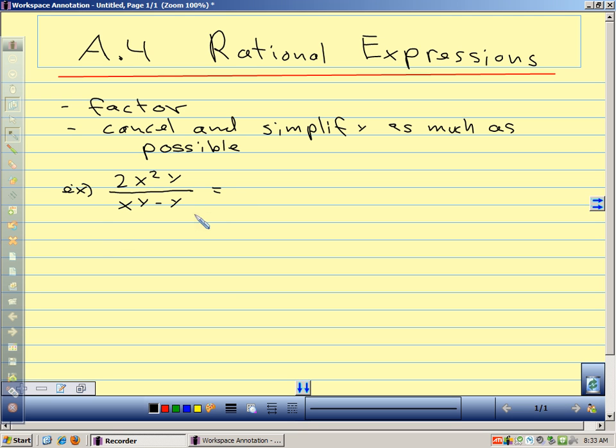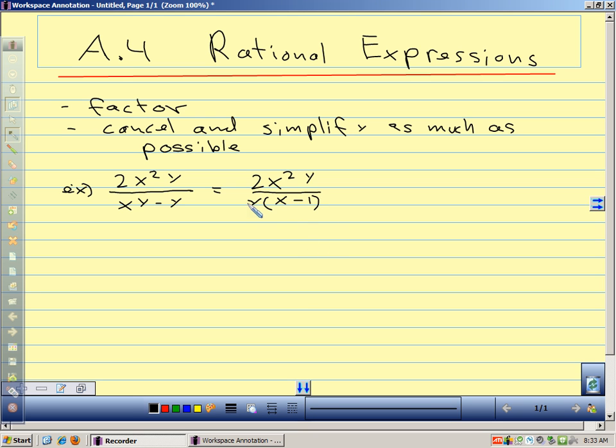So what are we going to do with this one? What can we factor? Do we have a common term in the denominator? Y. We can factor that y out. Y times x minus 1.